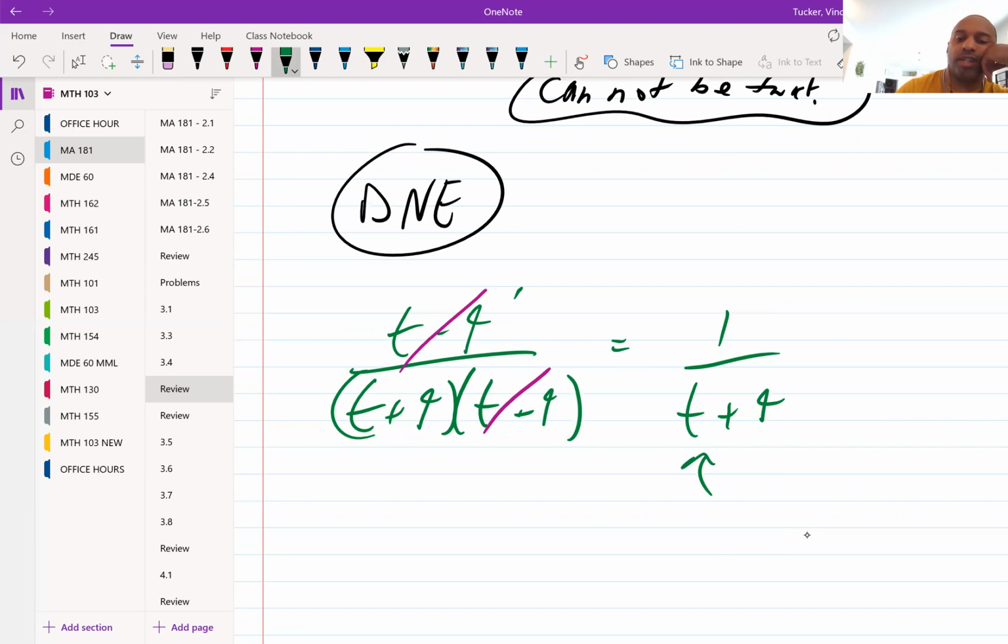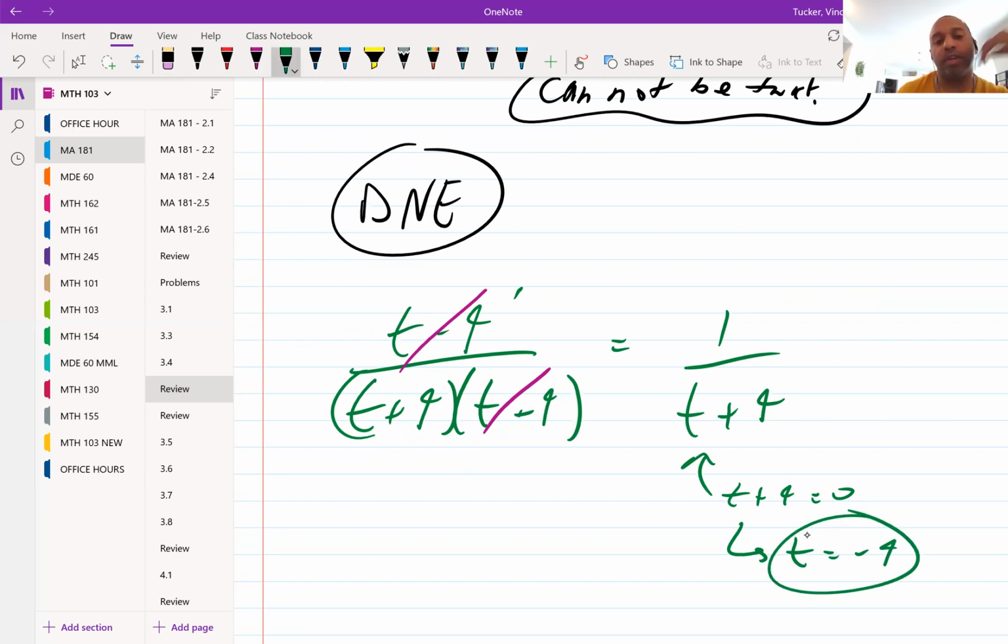And then you set this t plus 4 equal to 0 and solve. That'll be t equal to -4. And so you will have a vertical asymptote at t equal to -4. But that's if we had t squared minus 16 in our denominator, and we didn't. We had t squared plus 16. So that's why the answer is do not exist. Okay, and I believe you had one more.